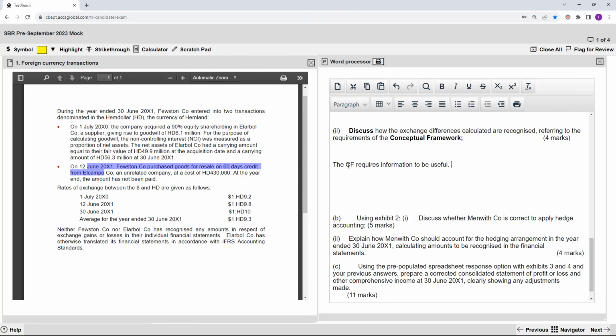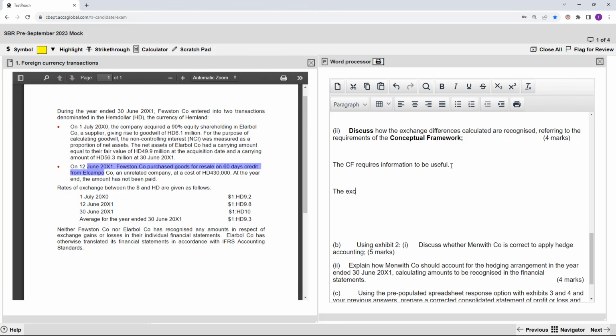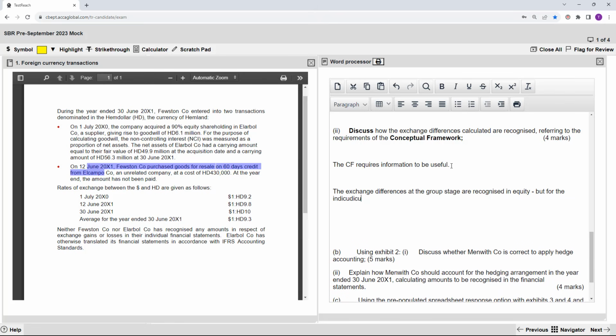Where are the exchange differences recognized? The exchange differences at the group stage are recognized in equity, but for the individual company in the P&L.